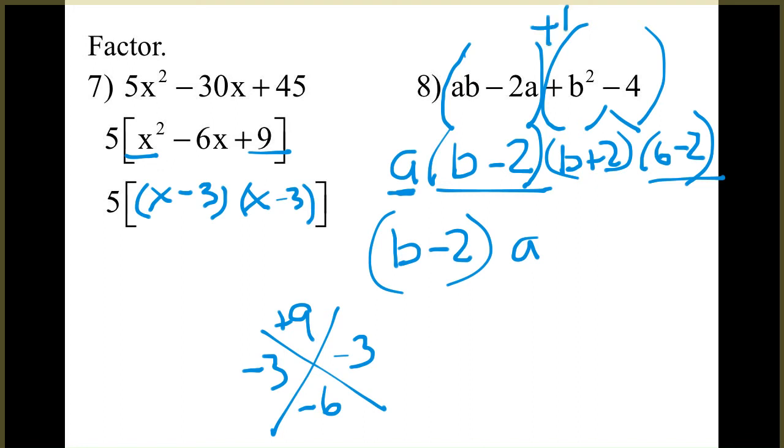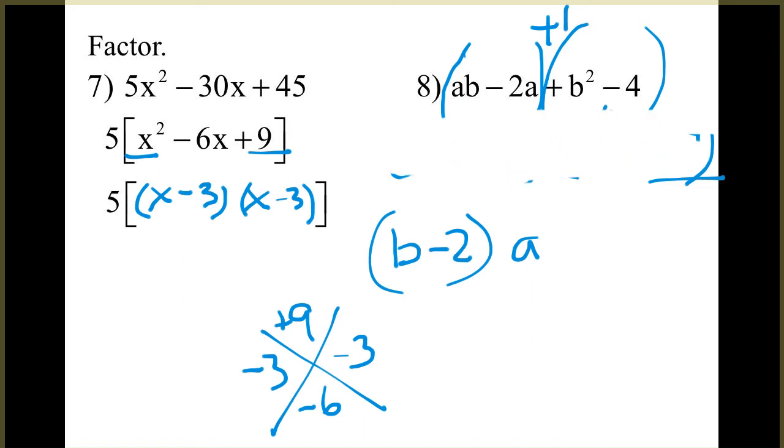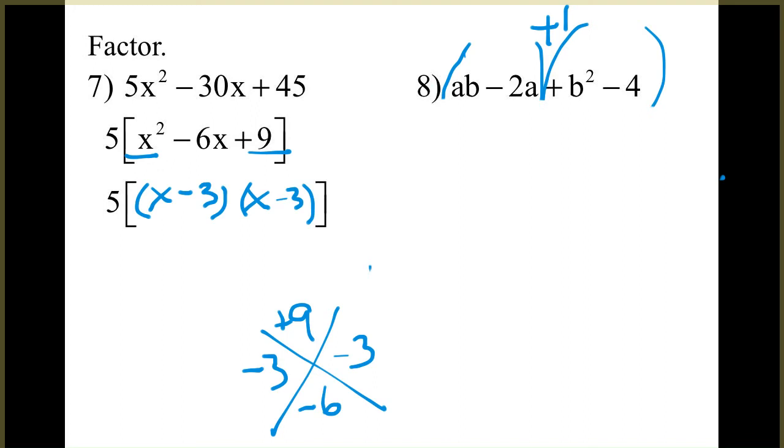Let me erase that. Let's take a minute and do this. Okay, so in the first one, we're going to factor out that positive A. And then I'm left with B minus 2. And here, I am factoring out a 1.